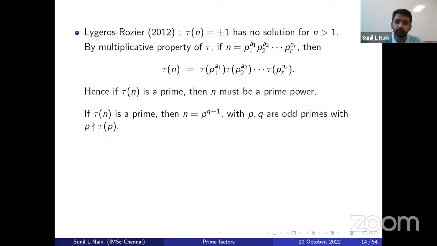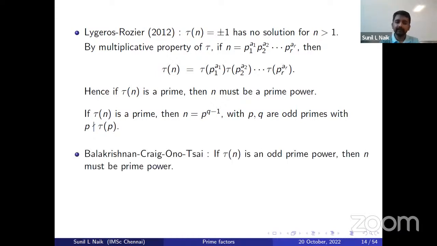In fact, they proved that if tau of n is a prime number, then n must be of the form p power q minus 1 with p and q odd primes and p does not divide tau of p. In a recent arXiv paper, Balakrishnan, Craig, Ono and Tsai proved that if tau of n is an odd prime power, then n must be a prime power.